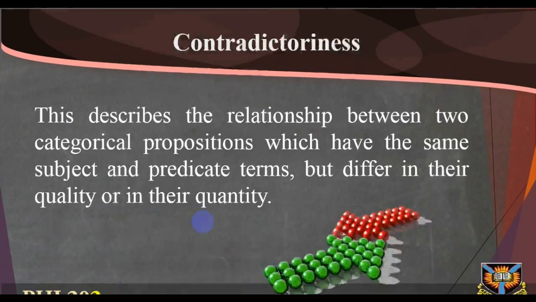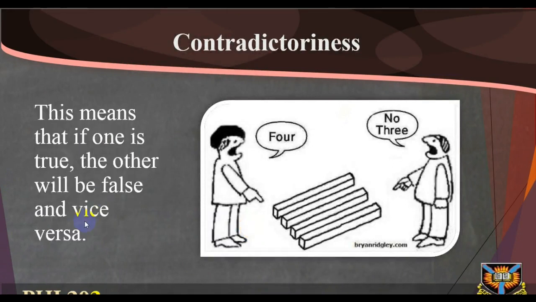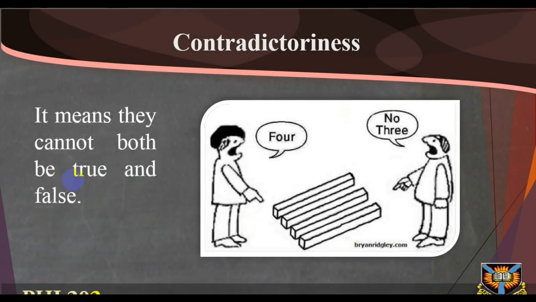Contradictoriness. When 2 propositions are contradictories, one is a denial of the other. This means that if one is true, the other will be false, and if one is false, the other will be true. In other words, they cannot both be true and they cannot both be false.